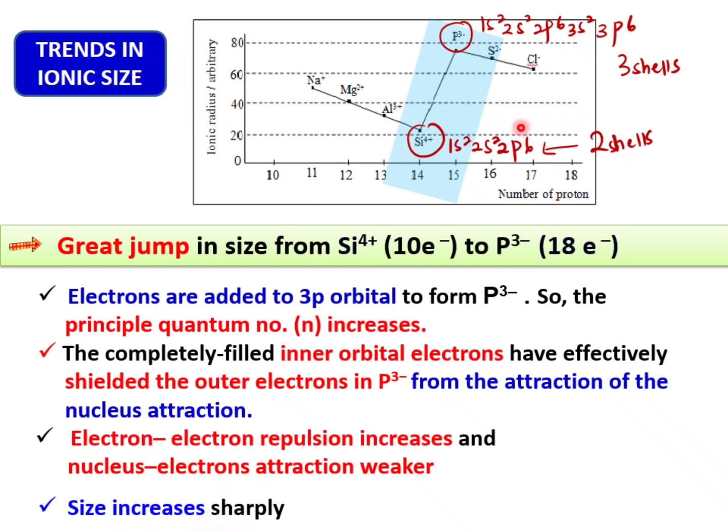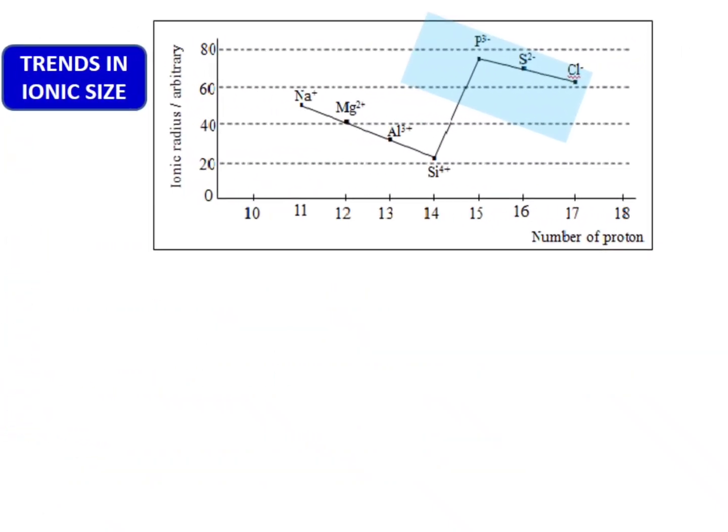See? From 10 electrons it suddenly becomes 18 electrons. From 2 shells it suddenly becomes 3 shells. So that's the cause of the great jump, meaning a very big difference there. Okay, next we look at the difference between the phosphorus ion, sulfur ion and chlorine ion.